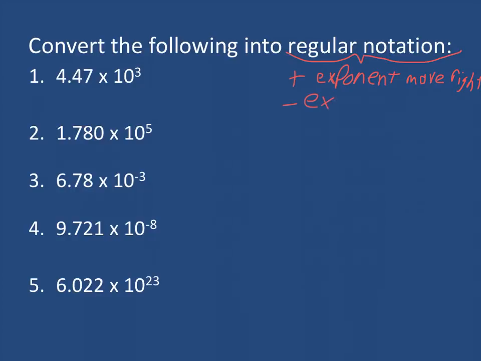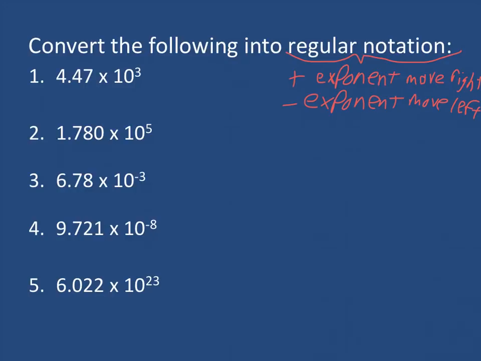Negative exponent, you move left. And the number tells you how many spaces to move. If you run out of numbers, you add zeros.